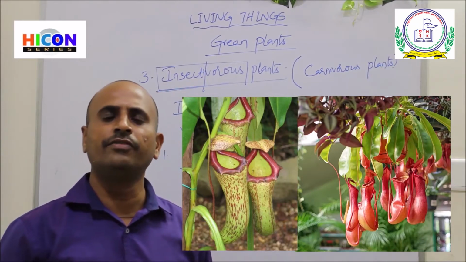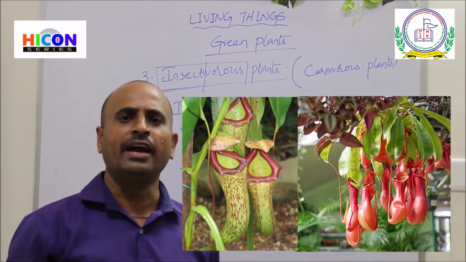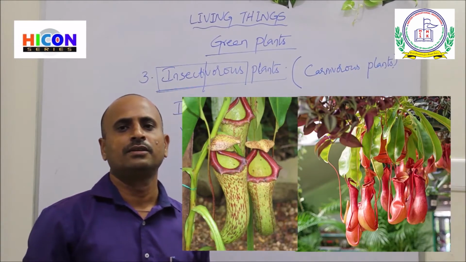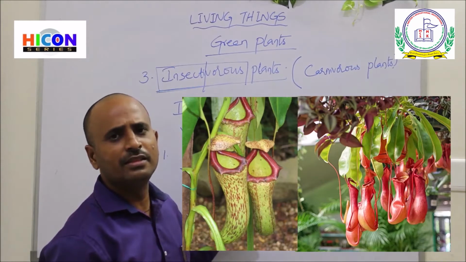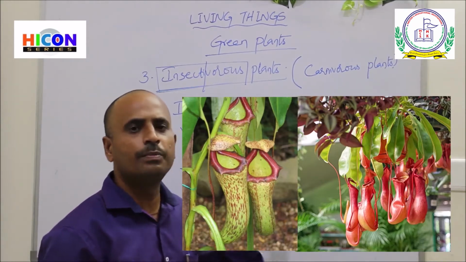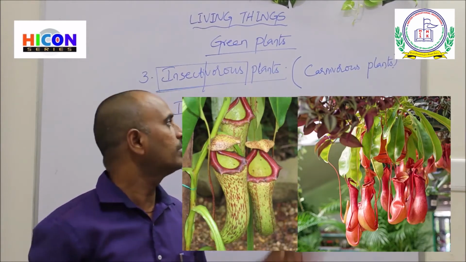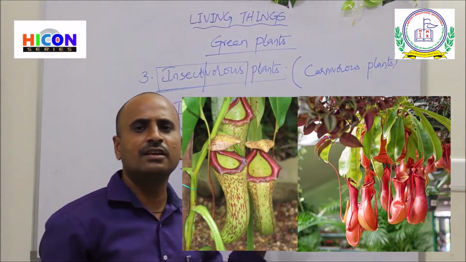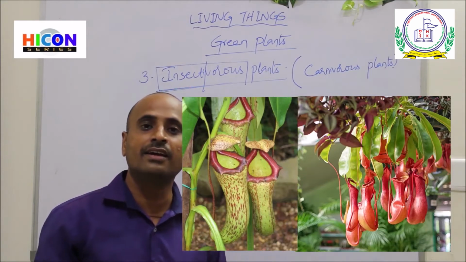Then the plant will digest the insect and absorb the nutrients from it. These plants cannot prepare food by photosynthesis because they do not contain green colored parts.